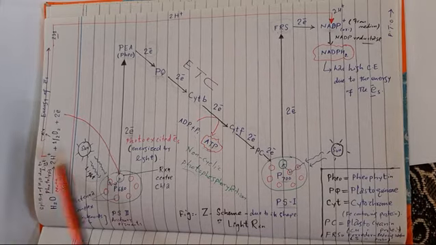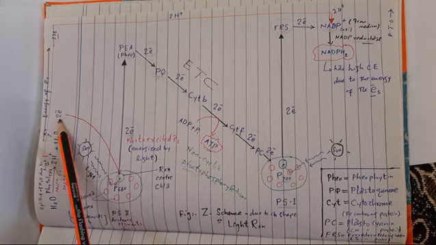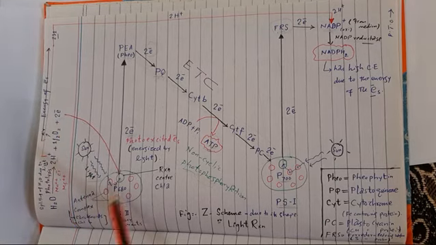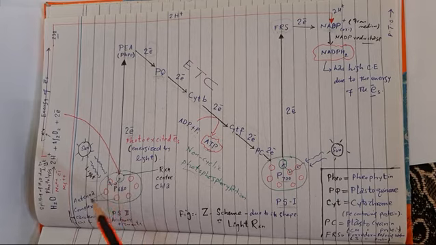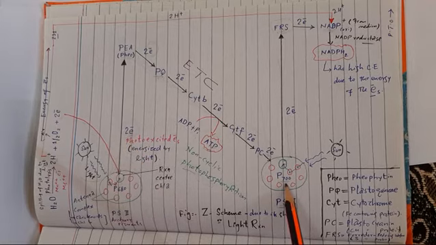The electrons from the water are taken up by the positively charged chlorophyll molecule of photosystem 2, produced by 2 energized electrons, while the electron deficiency of photosystem 1 is filled by the electrons coming from photosystem 2.